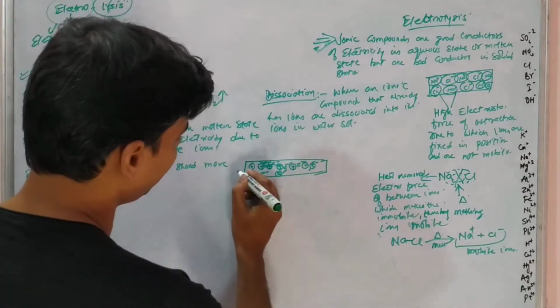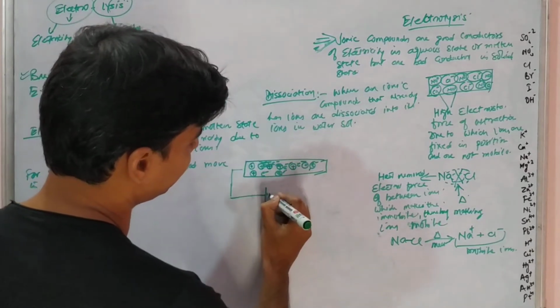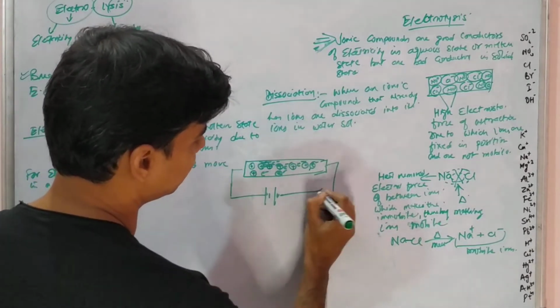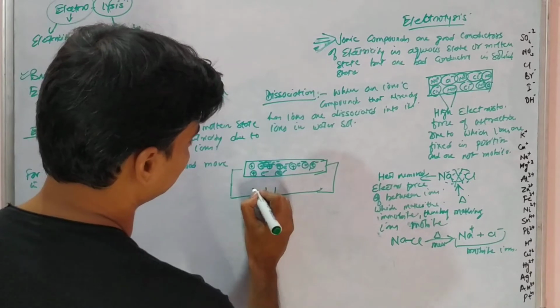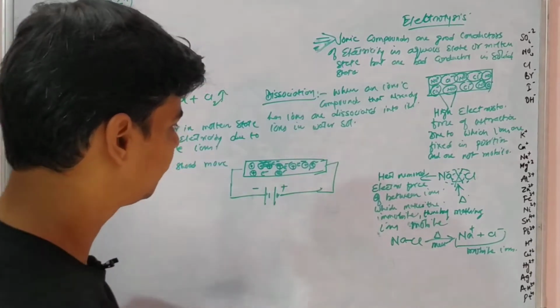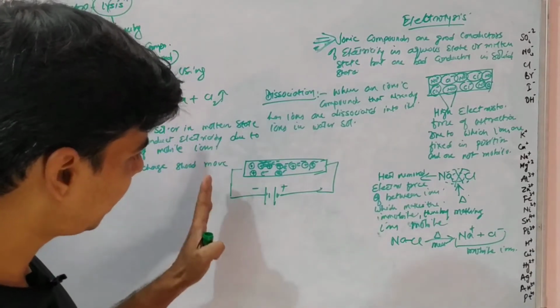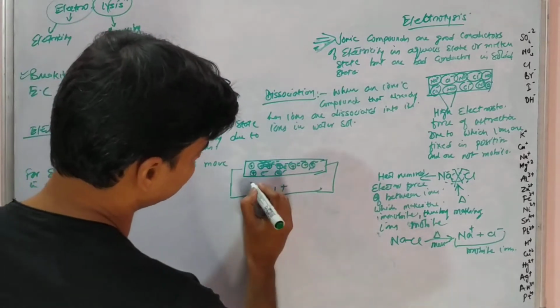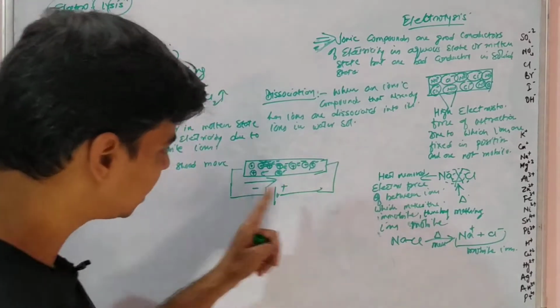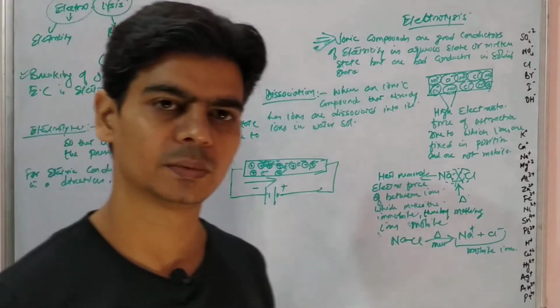So when you apply a battery, when you apply an electric current to it, like this is negative, this is positive, these electrons will start moving from the negative terminal of the battery to the positive terminal of the battery.